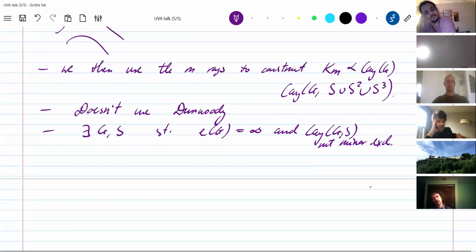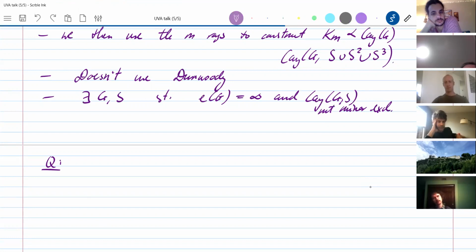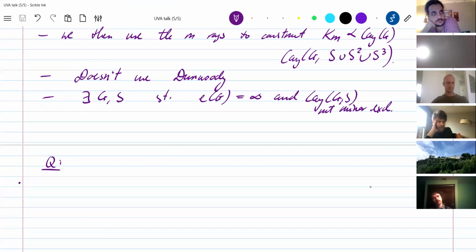And I'd just like to finish with a question. I think one of the open questions to do with minor exclusion in groups now remains as follows. Can we characterize groups which admit at least one generating set with respect to which they're minor excluded?